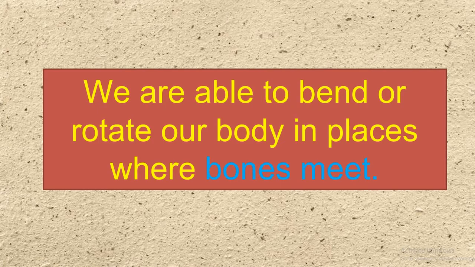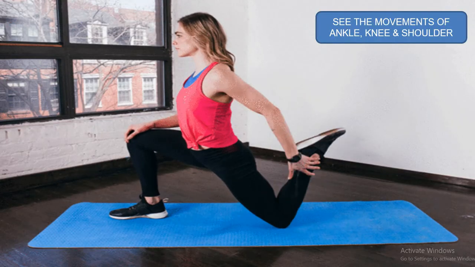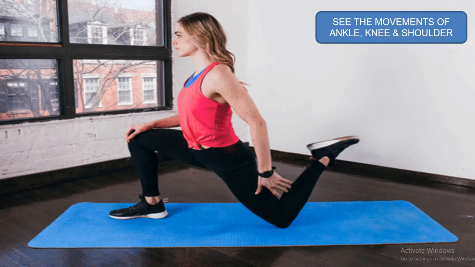We are able to bend or rotate our body in places where bones meet. We can only rotate the parts where two bones are actually meeting in our body. For example, see your elbow, see in this movement, the ankle, the knee.